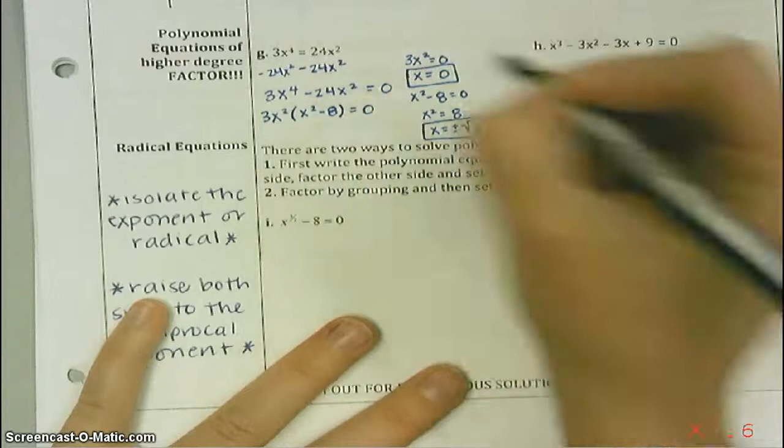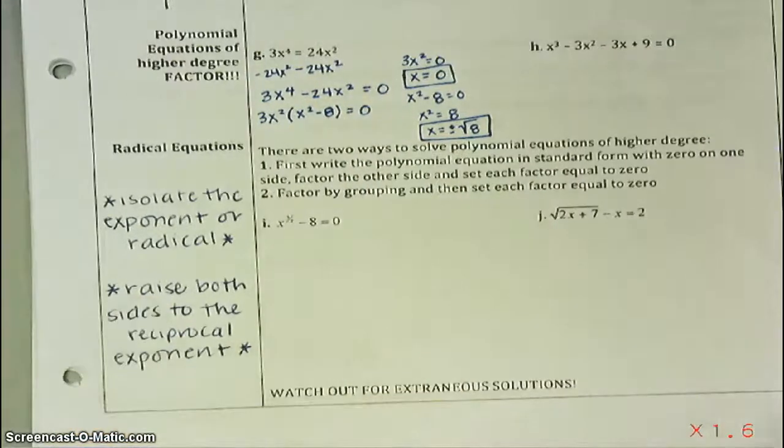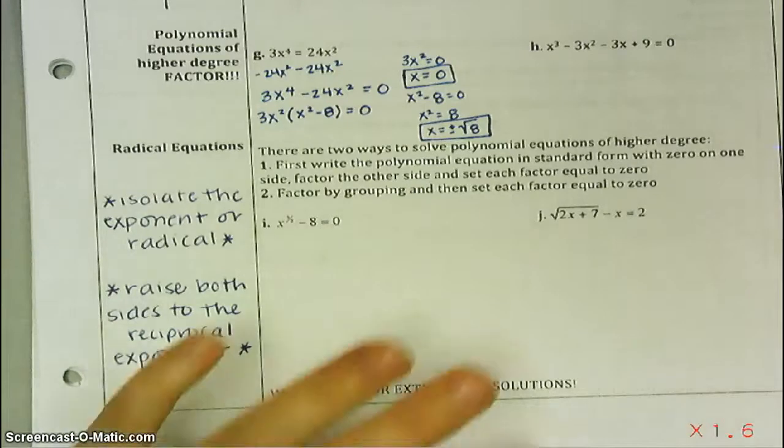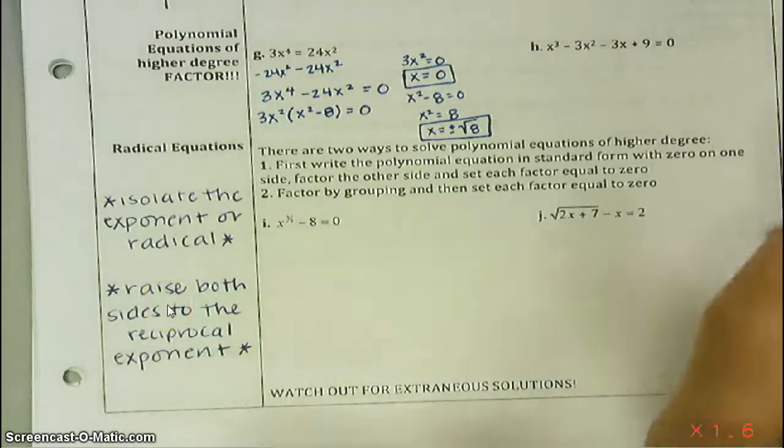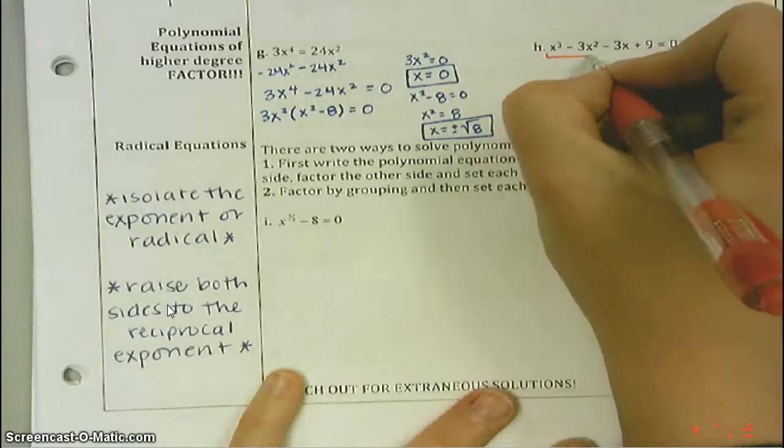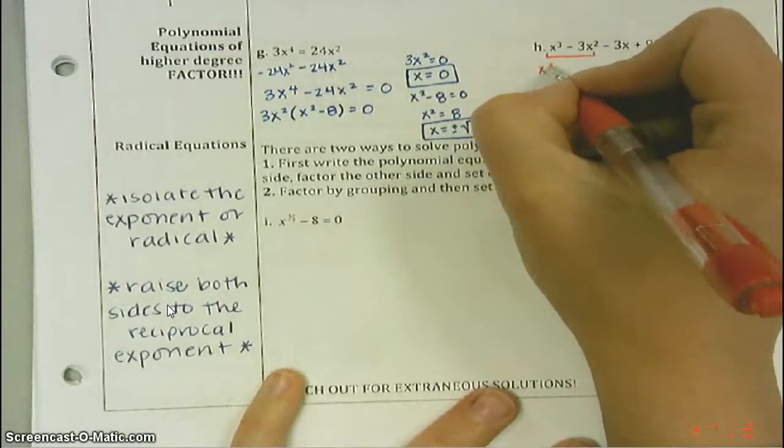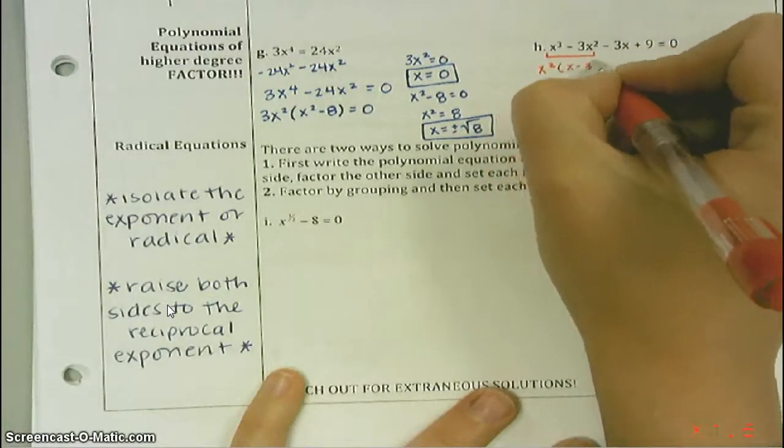Example H, we are going to factor by grouping, which we did a couple sections ago. So a quick refresher on that. We are going to look at the first two terms and ask ourselves, what can we factor out of those? x minus 3.